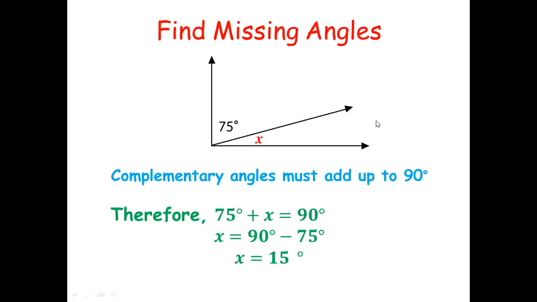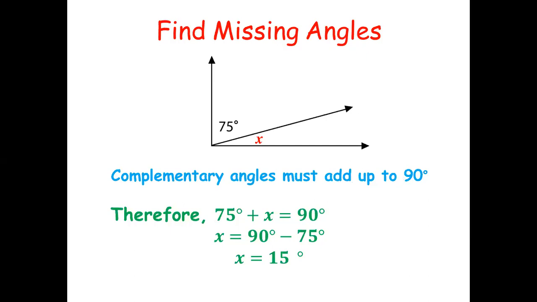Okay, let's see an example. Find the missing angle. Is this a complementary or a supplementary angle? Of course, it is a complementary angle because it is a right angle. So as soon as you hear the word complementary, you need to remember that it's 90 degrees. Let's find it in an algebraic way, the proper way.